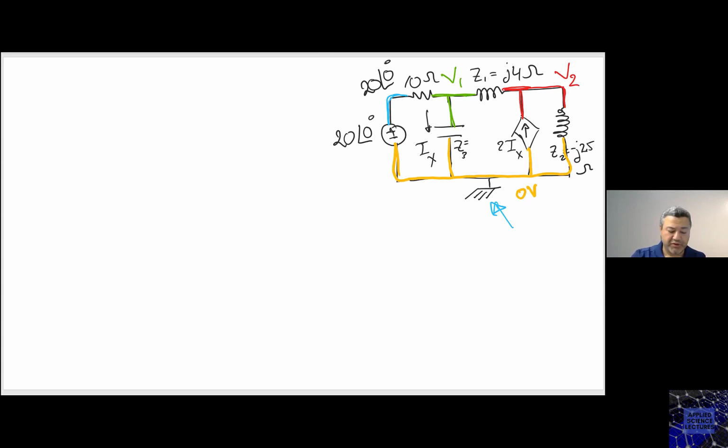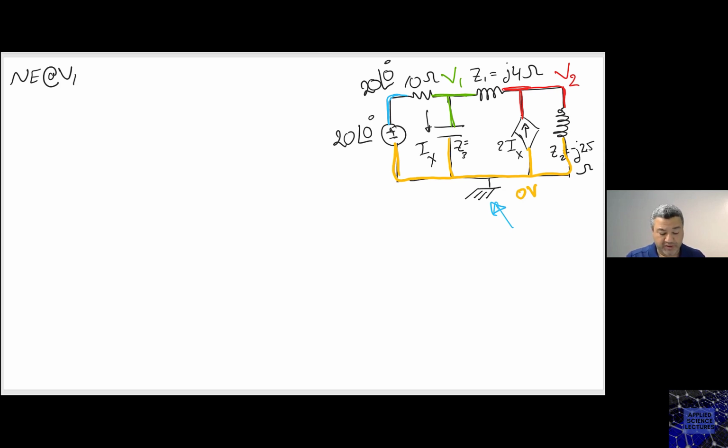So let's write those equations. Let's start with the first node. Nodal equation at V1. And notice that I have taken V1 and V2 to be capital, because this is what we decided at the beginning: when we go to the phasor, to distinguish between the phasor and the time domain, the time domain is small letter and the phasor representation would be capital.